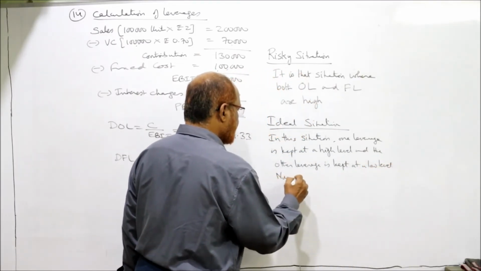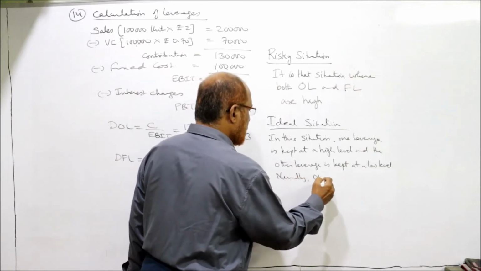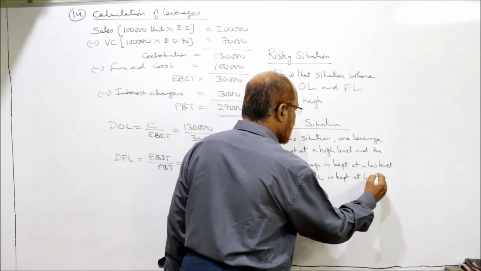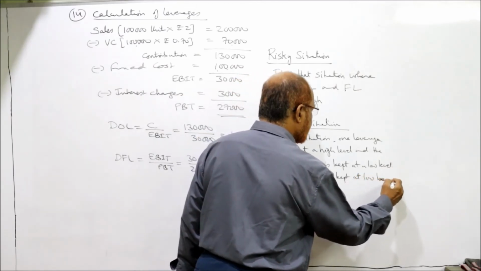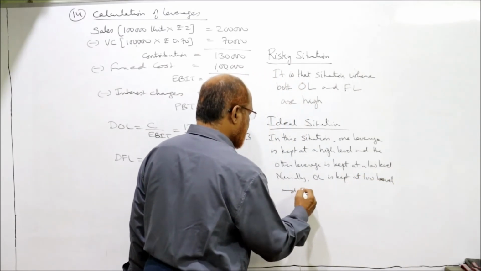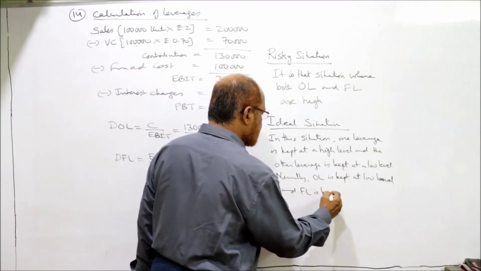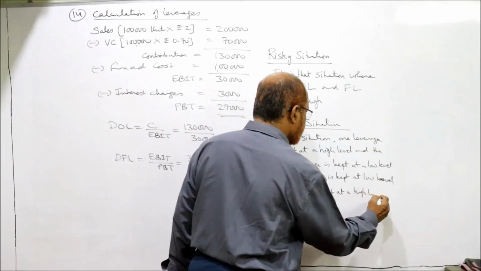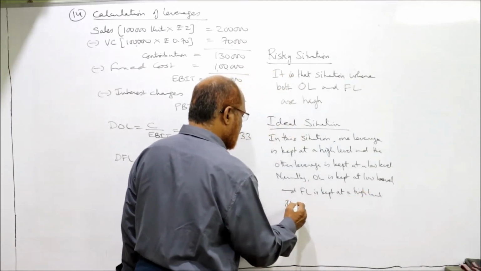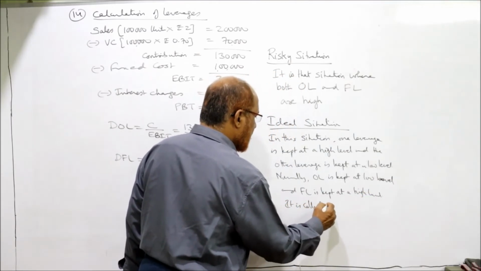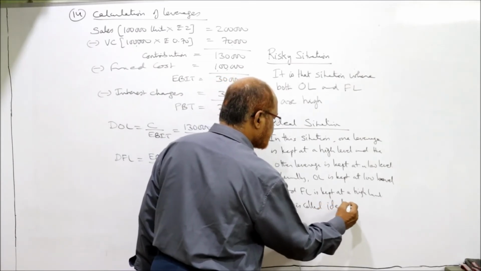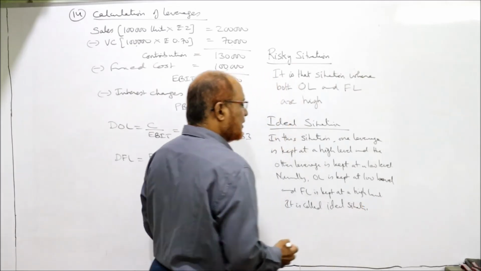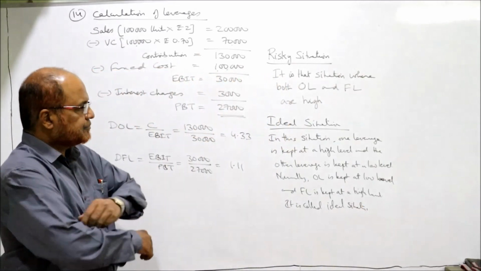Normally, OL is kept at a low level and FL is kept at a high level. It is called the ideal situation.